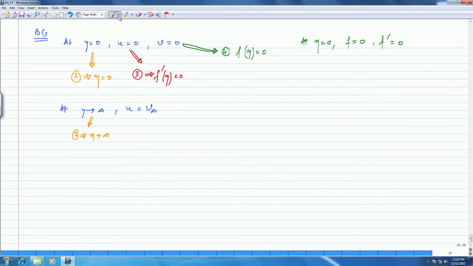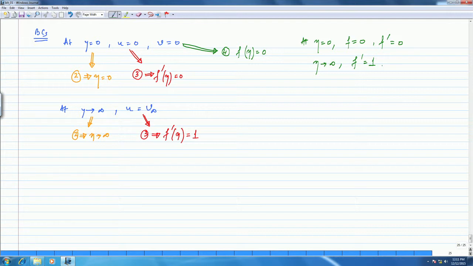Therefore, from equation 3, f dash of eta is equal to 1. So the next condition is that as eta tends to infinity, f dash is equal to 1. That is very interesting, isn't it?